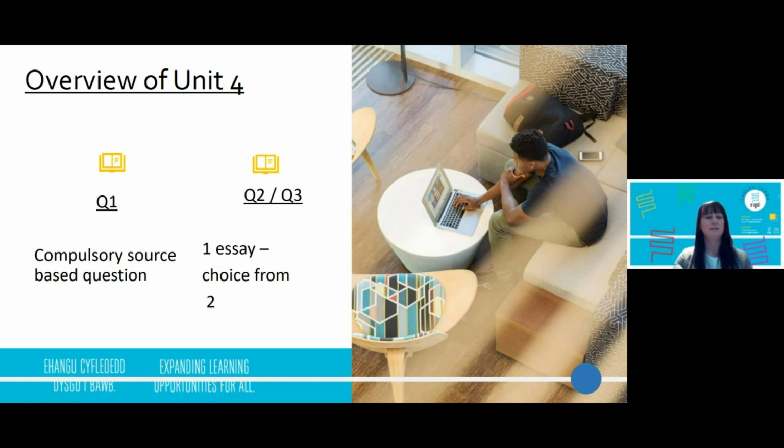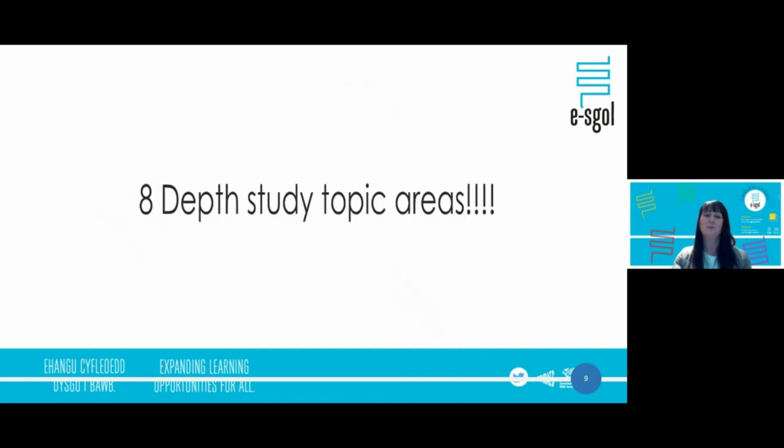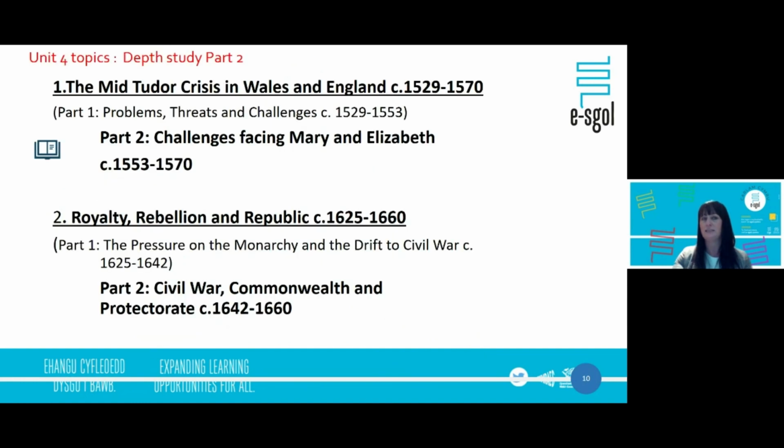Question 1 is your compulsory source-based question, no choice, you have to do that question. And for question 2 or 3, you have to choose which one you would prefer, which is an essay. So it will all lead to that 1 hour 45 minute exam at the end of year 13 this summer. You have 8 depth study topic areas, and every school or college will choose one of these depth study topic areas to look into.